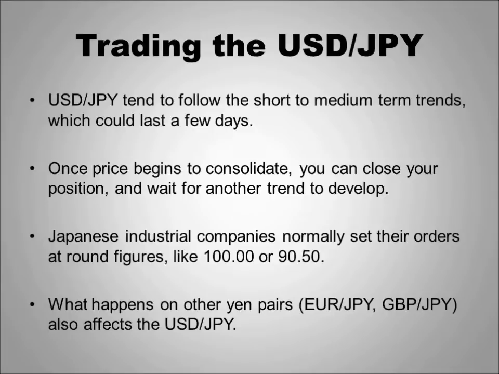Also, what happens on the other yen pairs is important too. The euro yen pair, the pound yen pair, that has a profound impact on the US dollar Japanese yen pair. So if you go back to my previous videos where I talk about the euro yen pair and its correlation to the major stock indices, you can understand why.